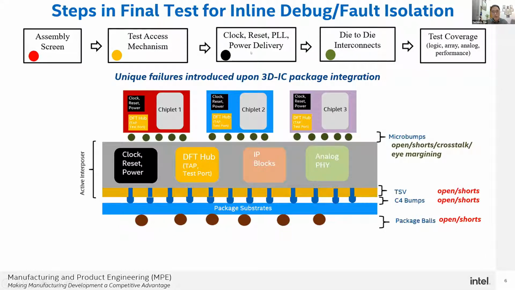Once you have checked all of these properly, then only should you start doing your test. You can do your logic test, because once you reach here, it means your die is assembled perfectly, you can access your chip, you can initialize your chip, your die-to-die is good. Then you can start doing your coverage testing or performance testing.